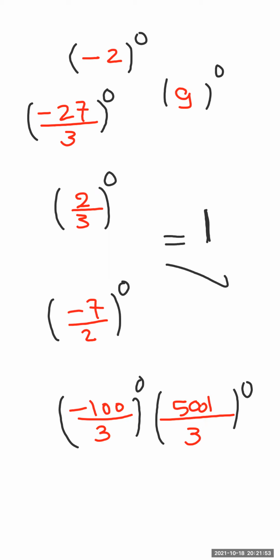So if the power is 0 of any number, for example -100 over 3, that will be 1. Yes, exactly. All these different numbers which I wrote on the board, if they are to the power of 0, whatever the value of the number between the two brackets, it will equal 1.